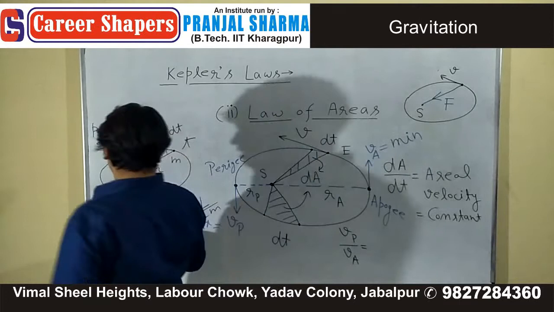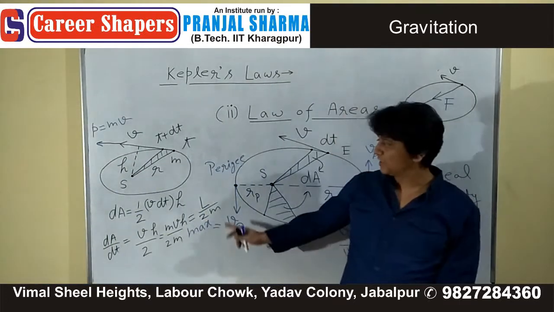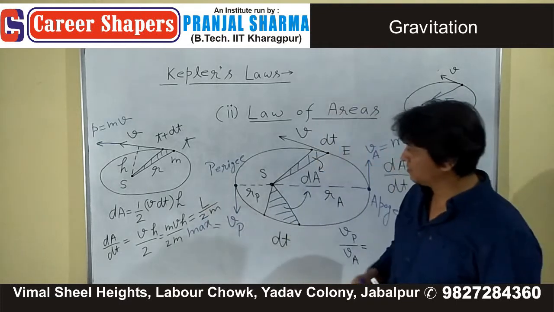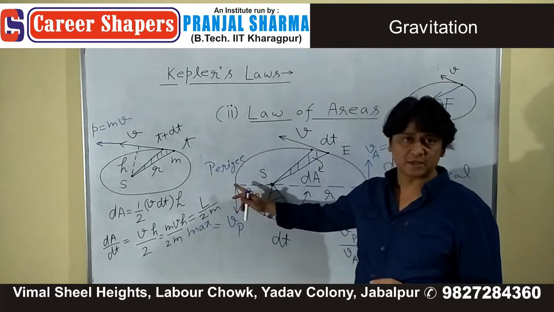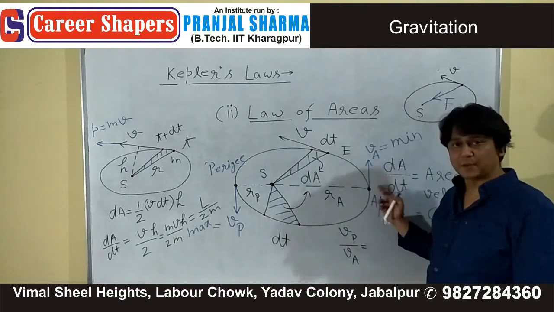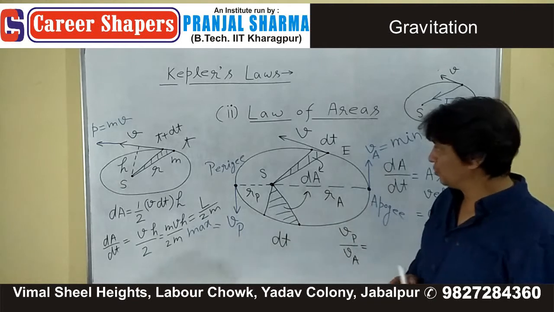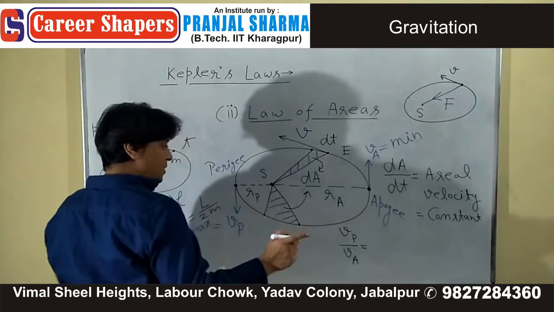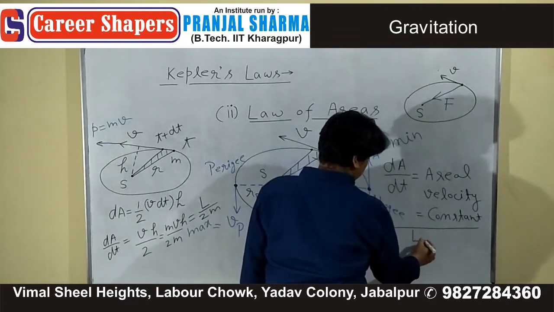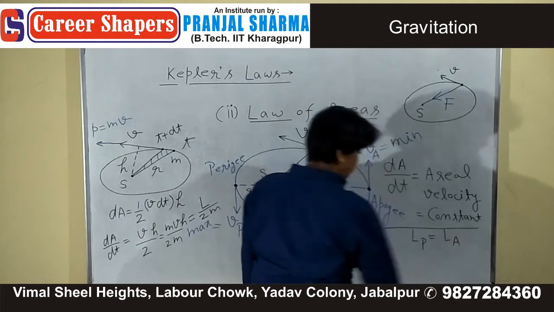So, when you say that angular momentum remains conserved, let's find out the angular momentum when the planet is at perigee and the angular momentum when the planet is at apogee, and then these two should be the same. So the argument is that angular momentum at perigee is the same as that at apogee.